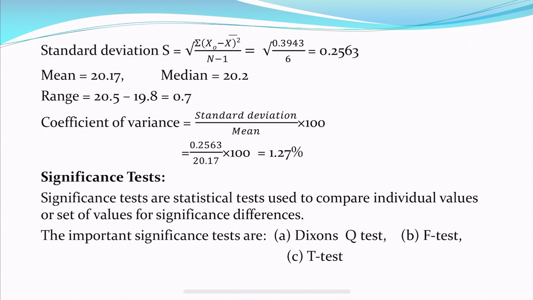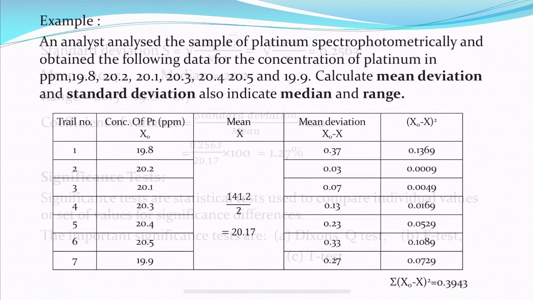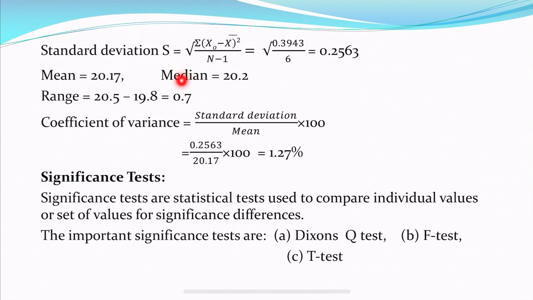Okay. So I have already calculated the mean. The mean is 20.17. Median is the central middle value, that is 20.2, and range is the highest value minus the lowest value, that is 0.7. And I am calculating the coefficient of variance.